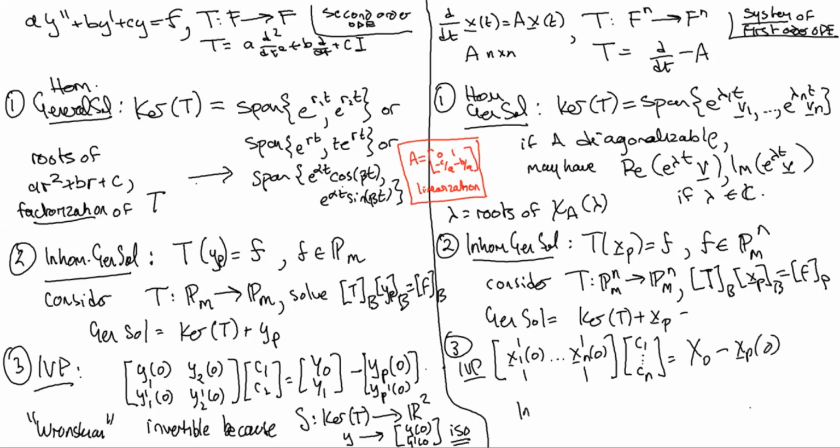And again, this is invertible because the evaluation map from the solution to the differential equation to R^n is invertible, is an isomorphism. Same thing.